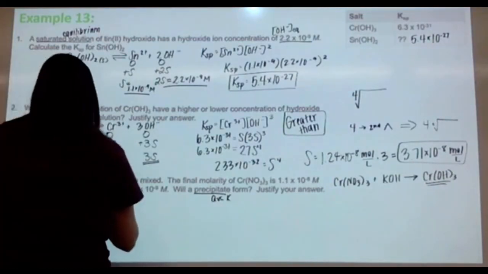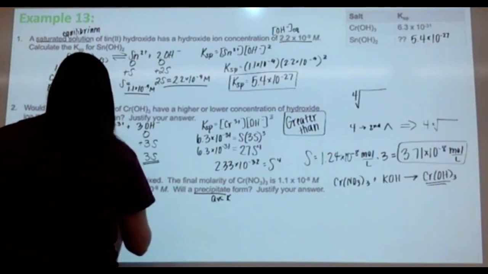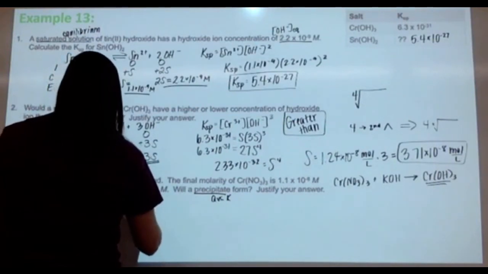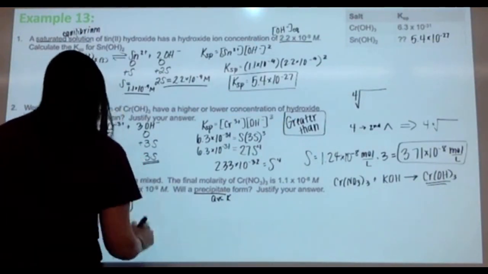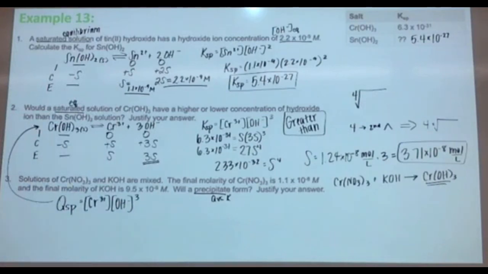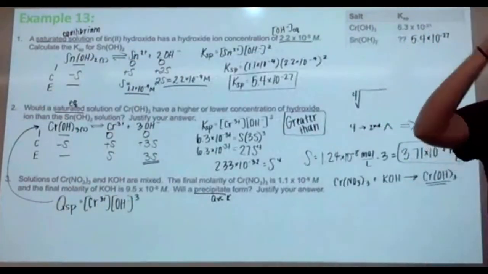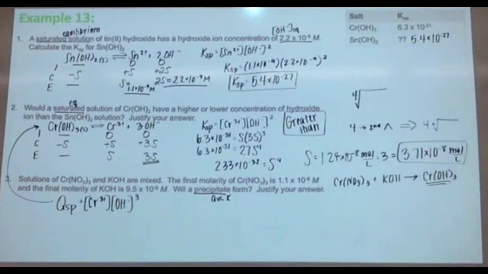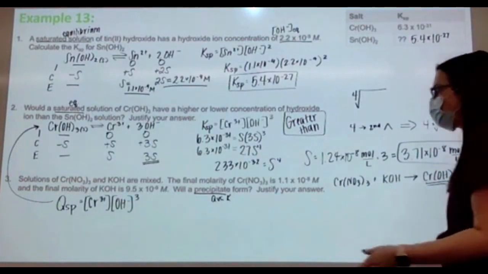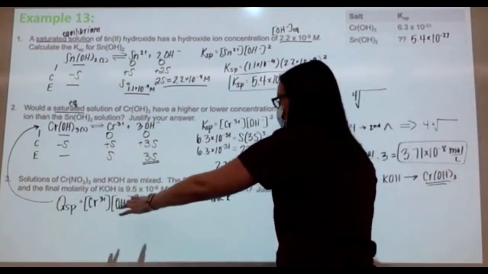So our QSP expression is Cr3 plus times the concentration of OH minus cubed. Notice how it says the final molarity. If you remember yesterday, it was giving us the initial molarities that were being mixed together. So since we were adding volume to volume, we had to do dilution. Here they're telling us, here's the molarity, here's the molarity.